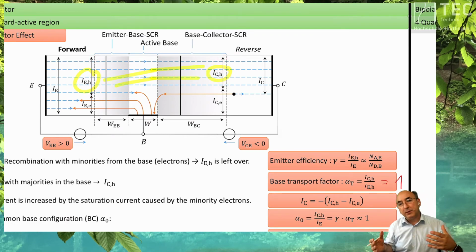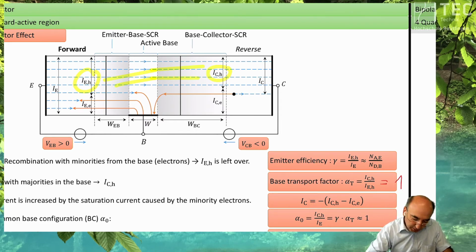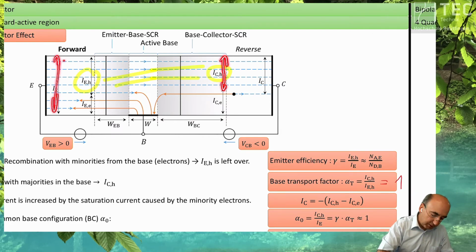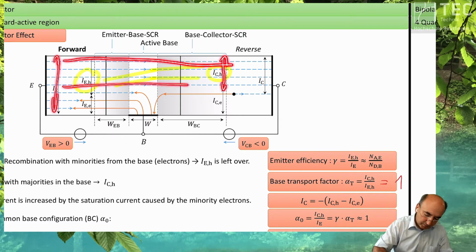Now, by looking at these variables, what is your collector current? It is the survival part of the holes coming from the emitter, going through the transistor, plus the reverse current of this diode.